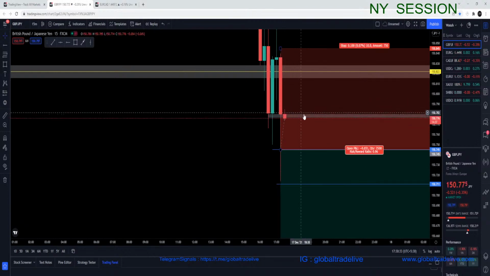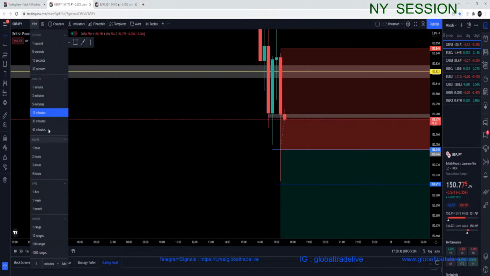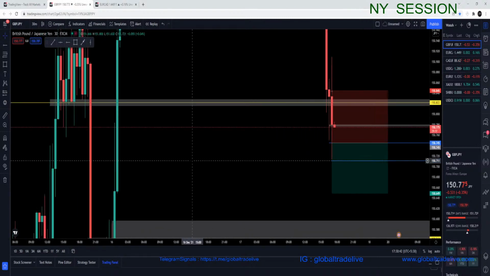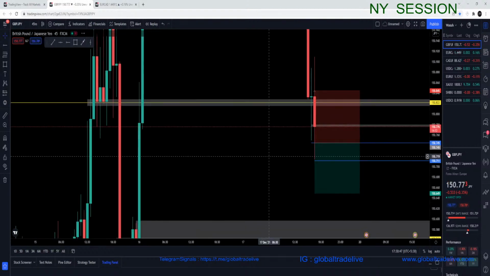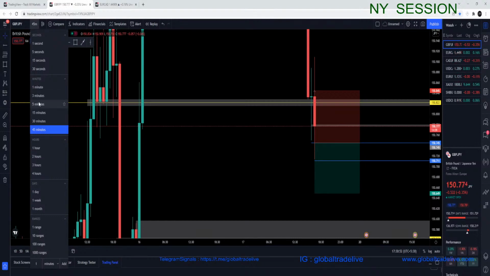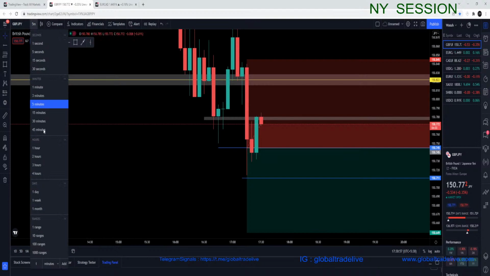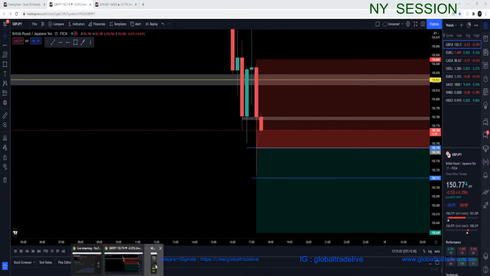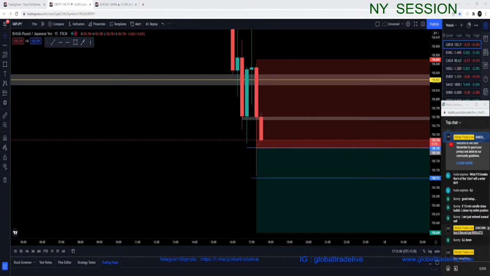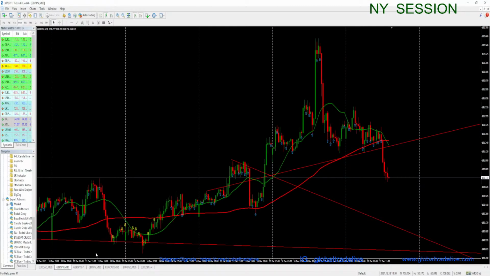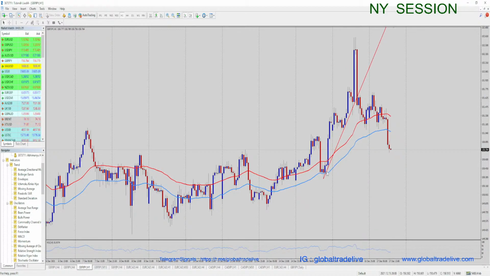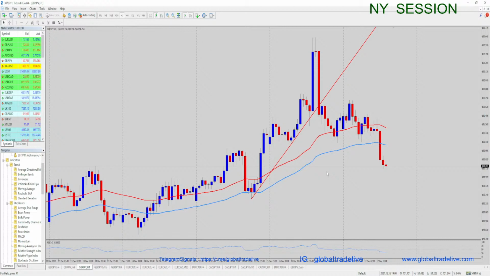So this 15-minute candle just closed below. I really think that this 1 hour candle should be dropping all the way down like 22 pips from the current level.